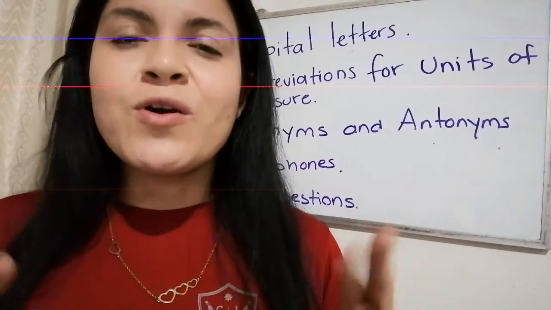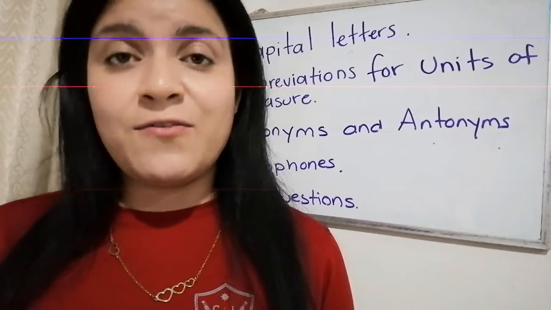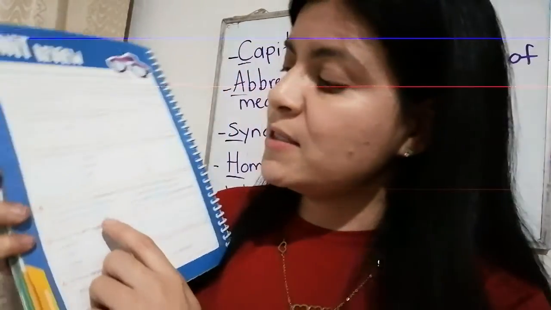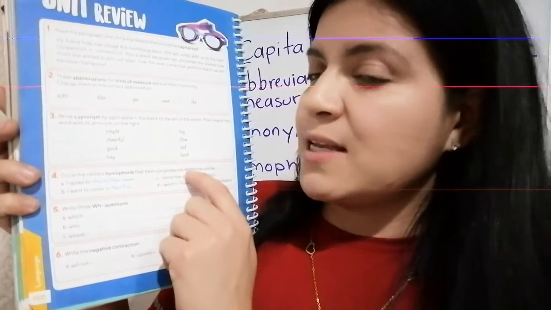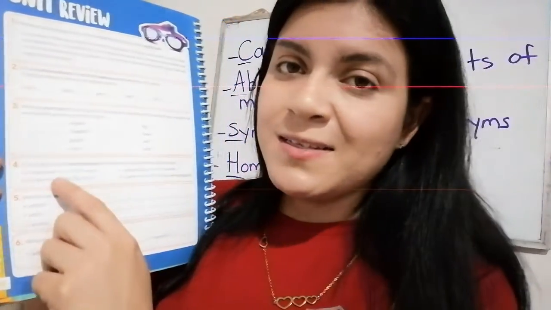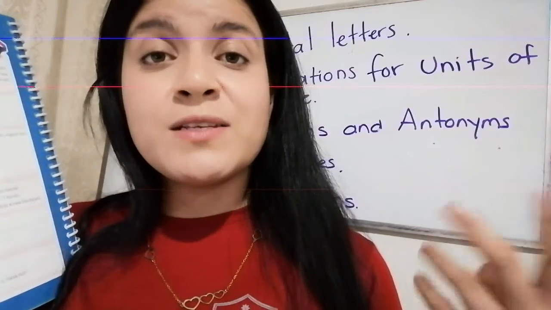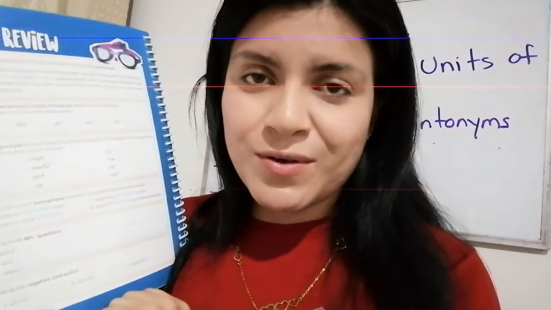Yes, these words have the same sound but different meaning and different spelling. Yes, here the exercise that you have to do is to underline the correct homophone that best completes the sentence below. Yes? You have to remember that you have to know and read the context of the sentence to know what is the appropriate homophone that you have to use, okay?